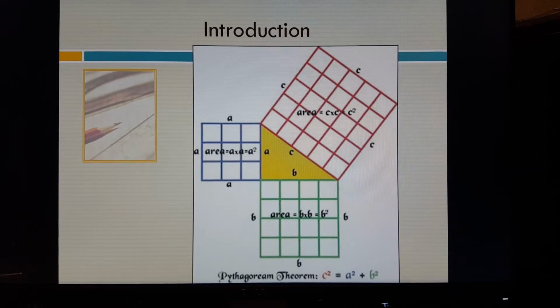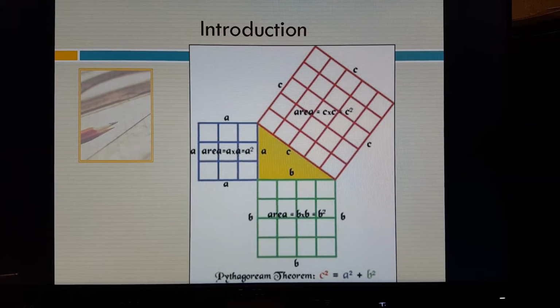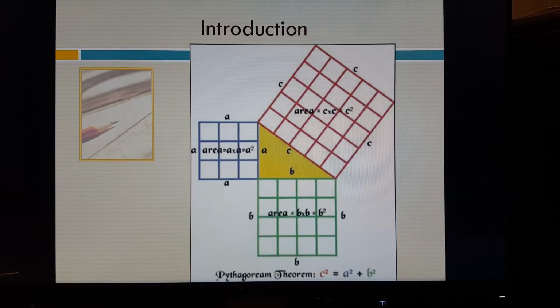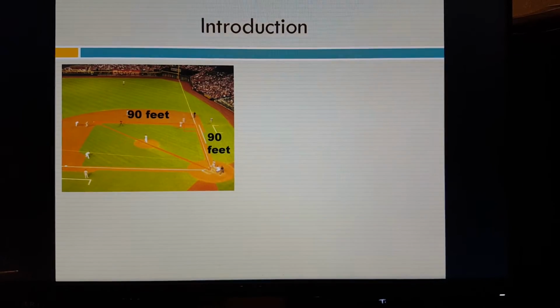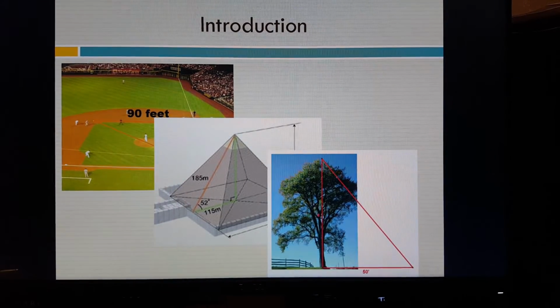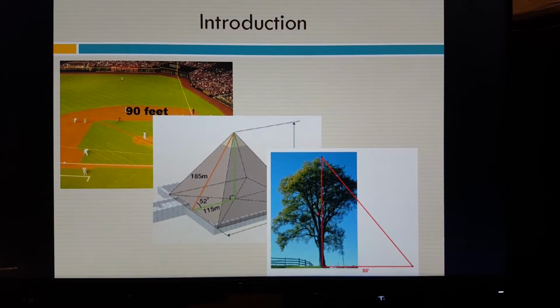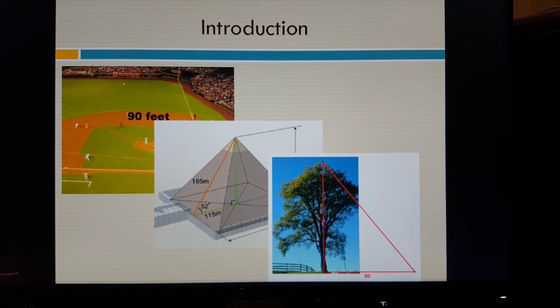Right triangles are everywhere, and where there is a right triangle, the Pythagorean theorem could be used. It has been used in many ways, including playing baseball, constructing buildings, or even removing trees. Before the existence of rulers and protractors, the Pythagorean theorem is how builders made perfect 90-degree angles.